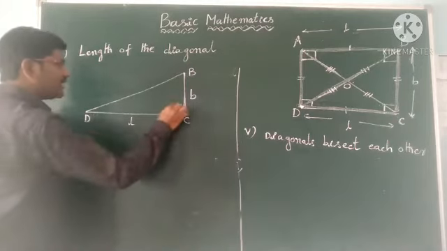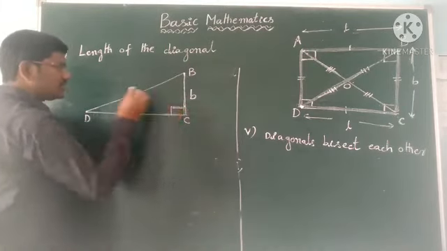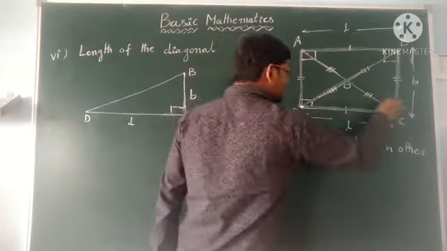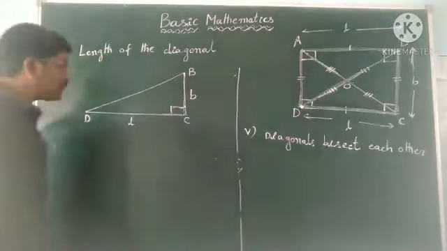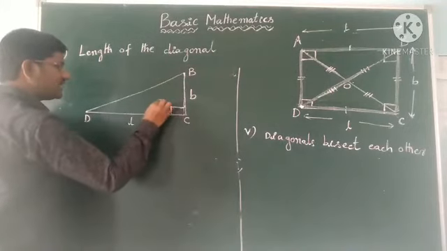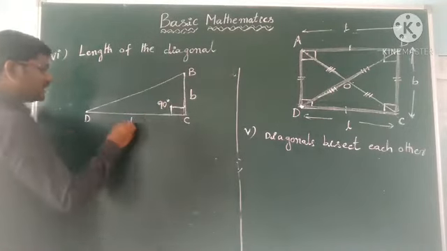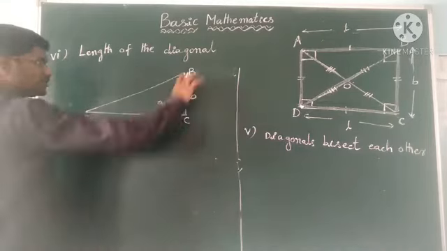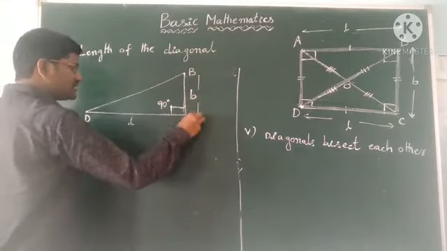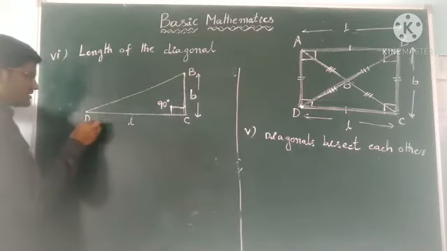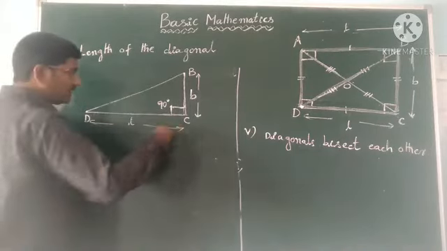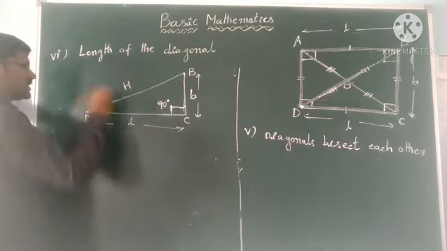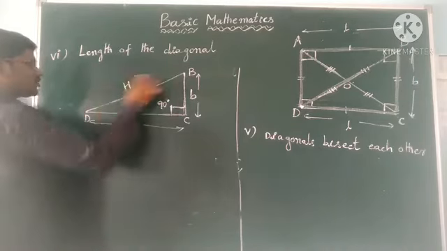Okay students, adjacent sides are perpendicular to each other. So this is 90 degrees, this is 90 degrees, its length is L, its length is B. This line segment has length B, and this line segment has length L. We want the hypotenuse, which is the diagonal.